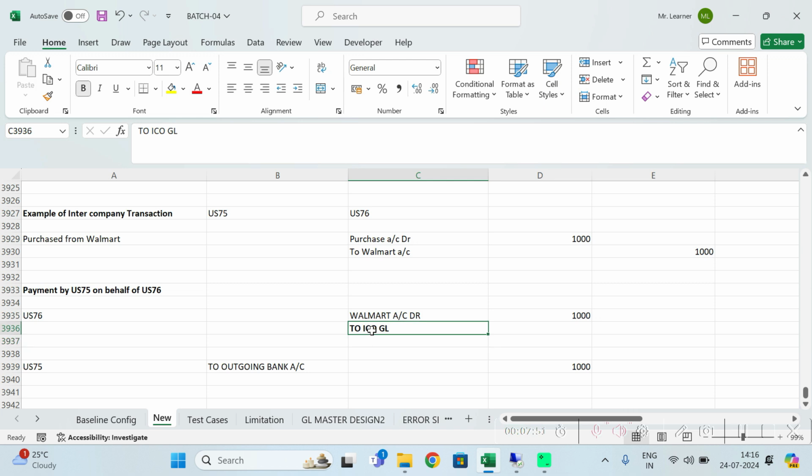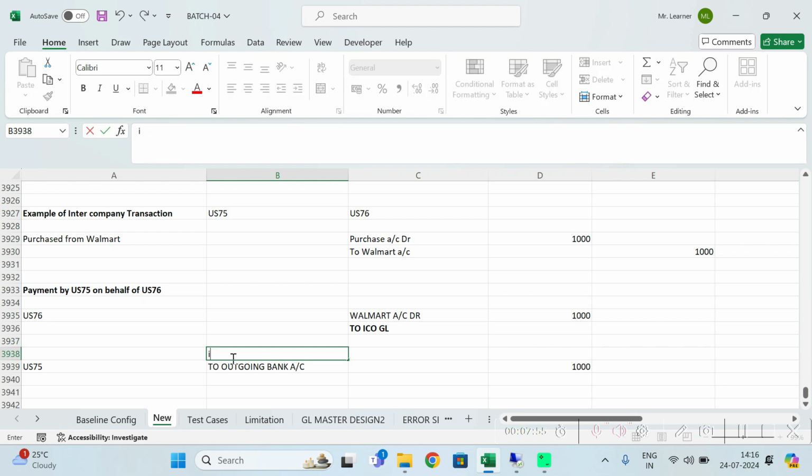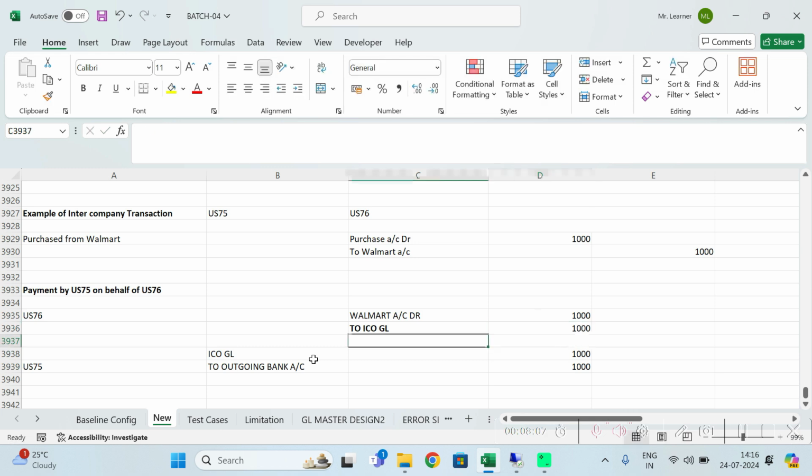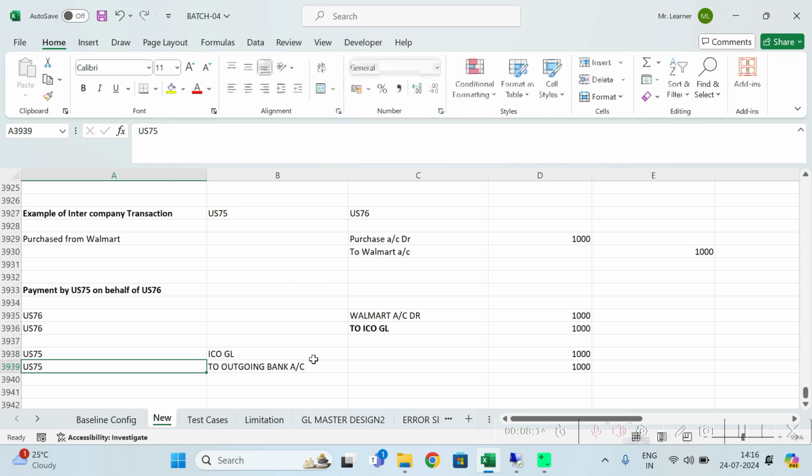It will come here into the credit, and for this, the intercompany GL will come into debit. Okay. So here 1,000 rupees. Here also 1,000 rupees. Now here US 76 and here US 75. So this is how it will balance. Okay, this is how it will balance.